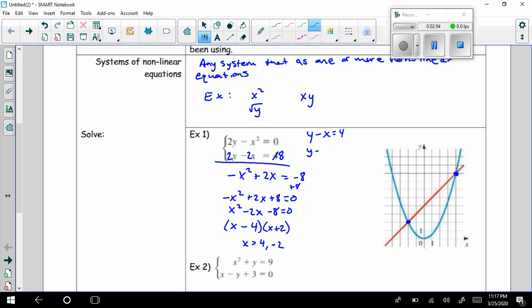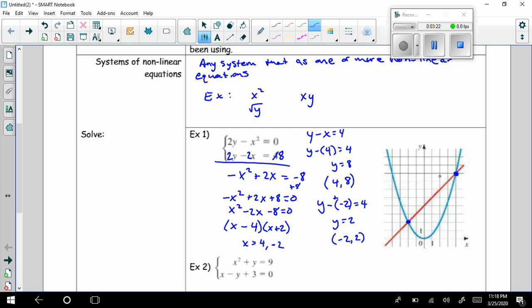So y minus 4 is equal to 4, which means that y equals 8 when x is 4. So that's the coordinate 4, 8. And then y minus negative 2 is also equal to 4. So y is equal to 2. So this would be plus. And so that's the point negative 2, 2.